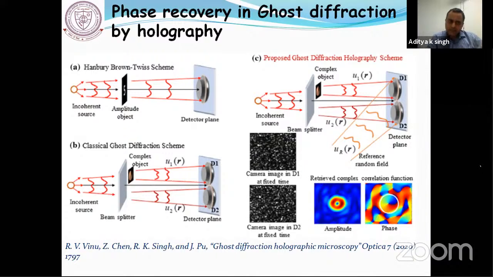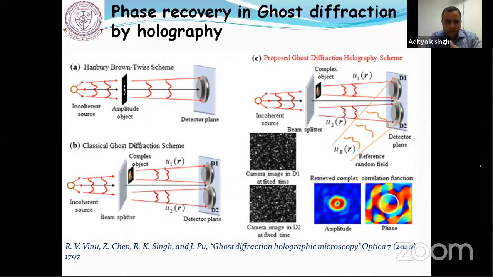Next, connecting with the ghost imaging approach I just explained, I can easily explain the technique using this diagram. Here the light I'm considering is incoherent, and it is divided into two parts.